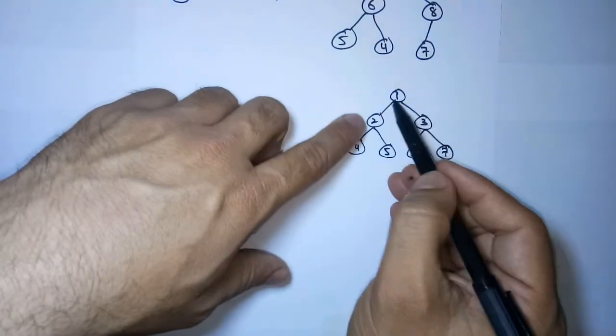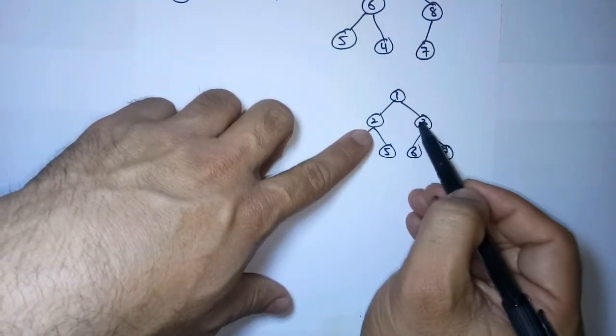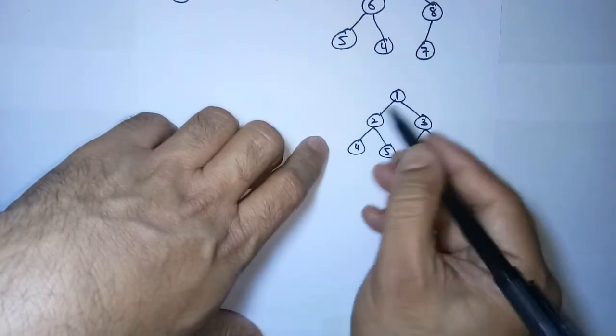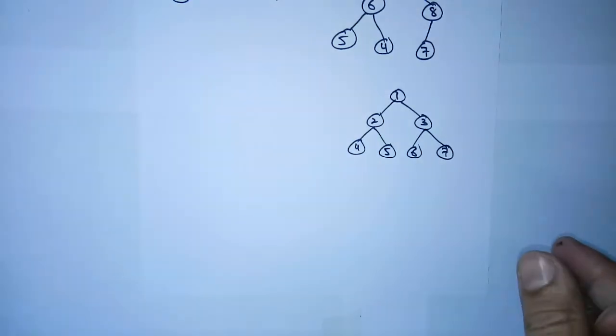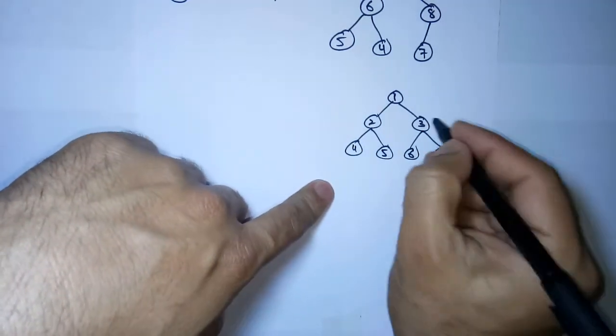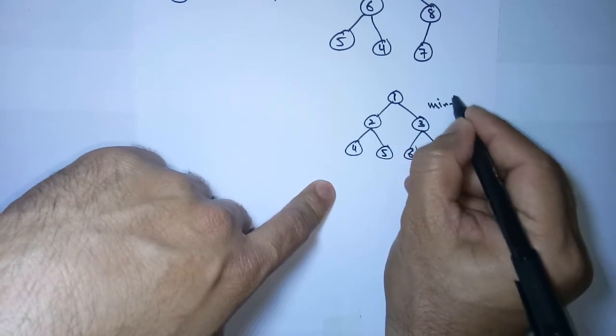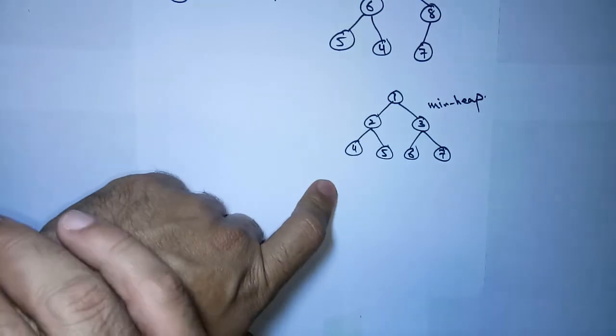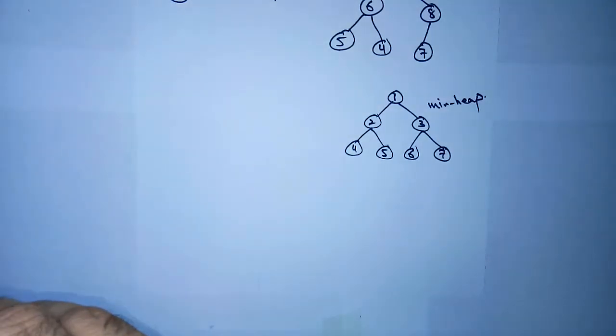Here you can see the parent is smaller than both of its children, and it is implemented as a binary tree. If this is true, then this is called a min heap, and the minimum value will always be at the root, right? So this is how we define the max heap and the min heap.